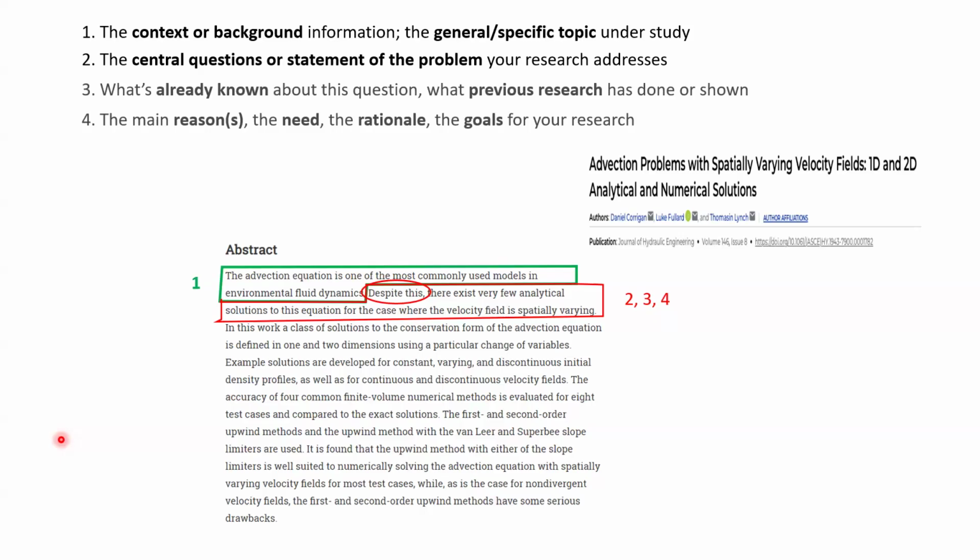When referring to there exist a few analytical solutions, it refers to the previous work. So what is already known, what previous research has not done, is referring to the previous work, and then the current state of knowledge and the rationale, need and goals in this work.